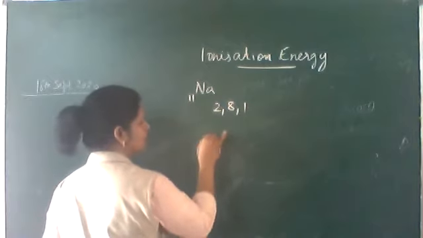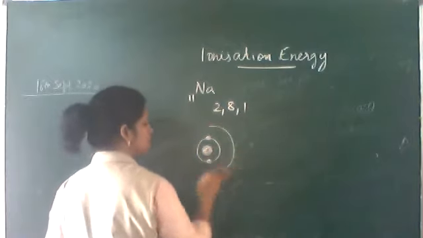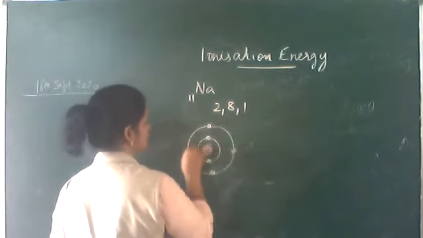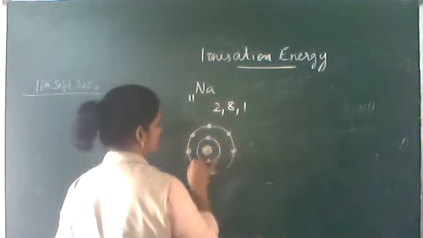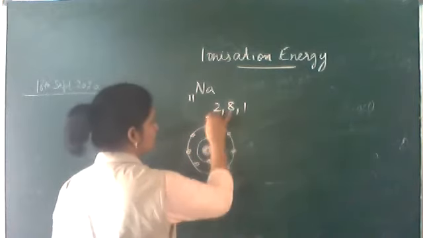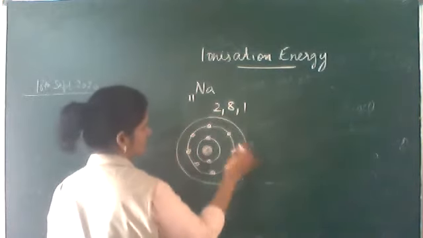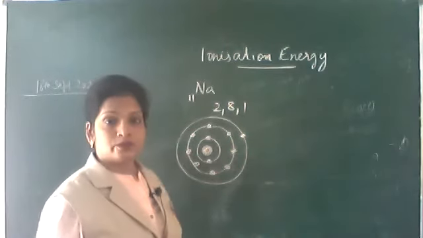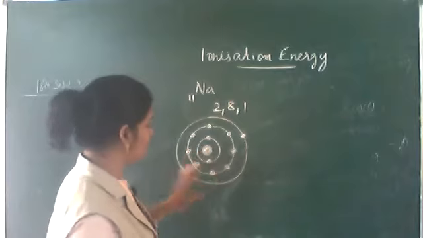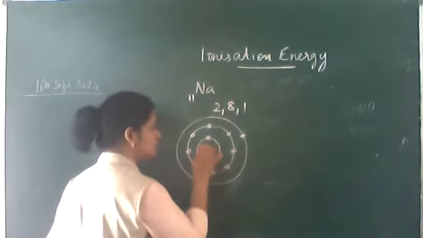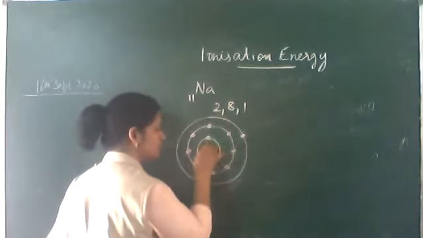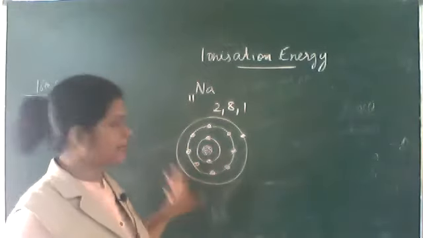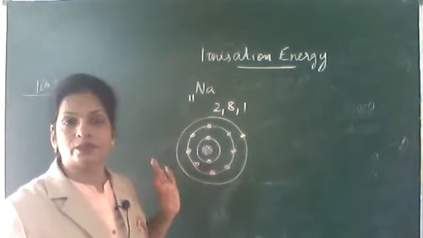First shell 2 electrons, second shell 8 electrons, third shell 1 electron. So there are 11 protons inside here. 1, 2, 3, 4, 5, 6, 7, 8, 9, 10, 11. 11 protons inside and 11 electrons outside.